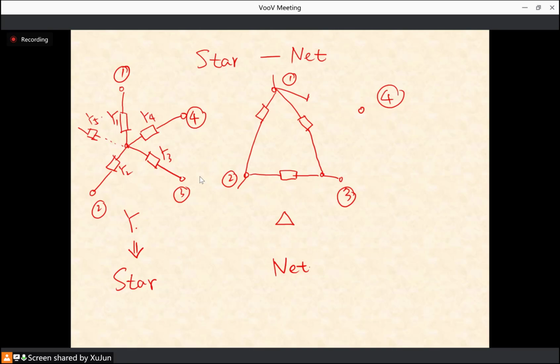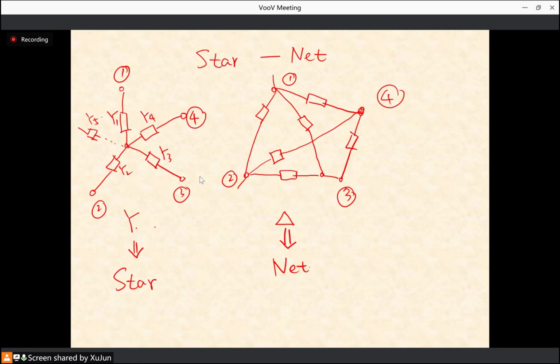The 1 will connect to 4, and 3 will connect to 4, and 2 will connect to 4 also. So we call this a net connection, because it seems like a net. So the net connection is a generalization of the delta connection.